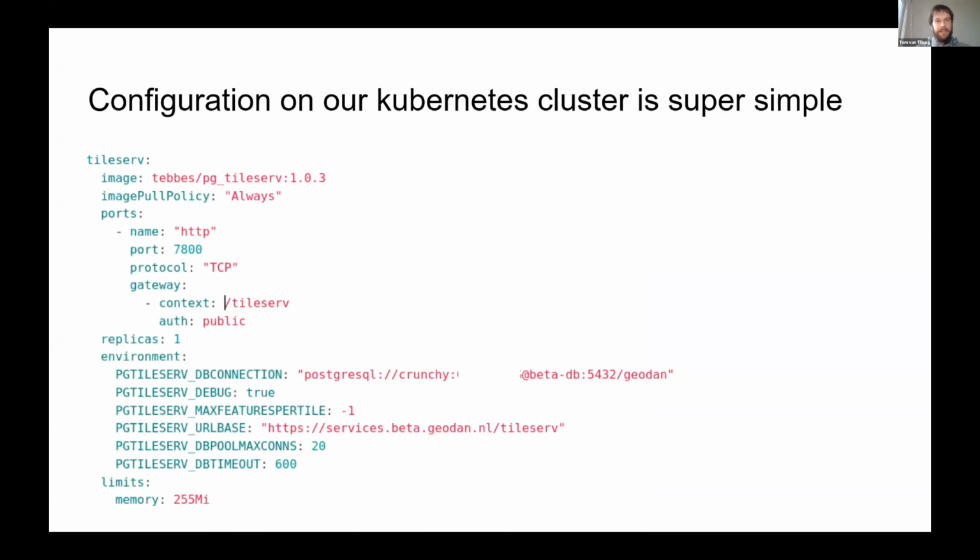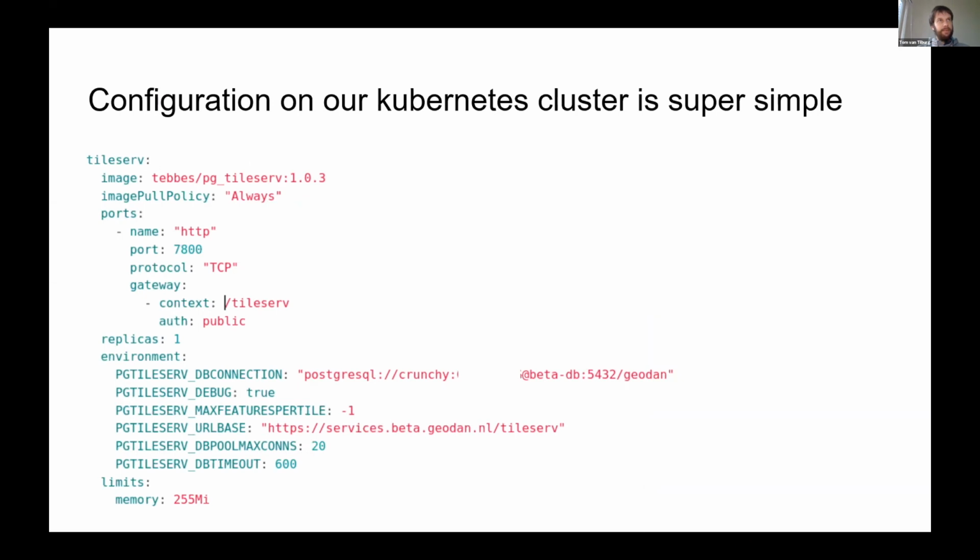And they told me that deploying this on Kubernetes is really the logical thing to do. So we went along, and what you see here basically is a Helm chart. What this does is deploy your tileserv to a Kubernetes cluster. And this is flexible because you can deploy as many as you like with as many resources as you like.